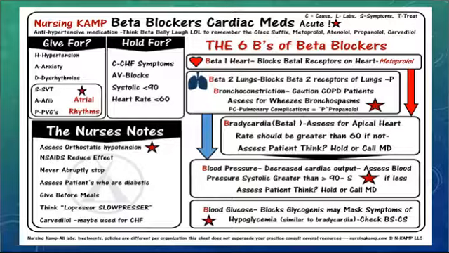What else do you need to know on beta blockers? Hold if your heart rate is less than 60. Monitor your blood pressure. You want to make sure your systolic is greater than 90.